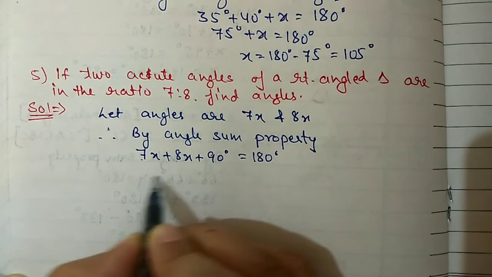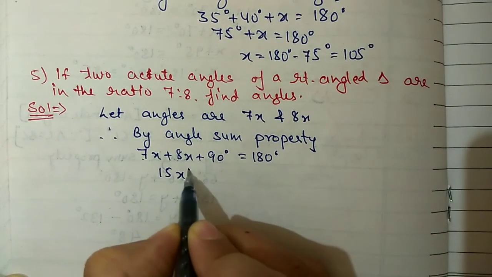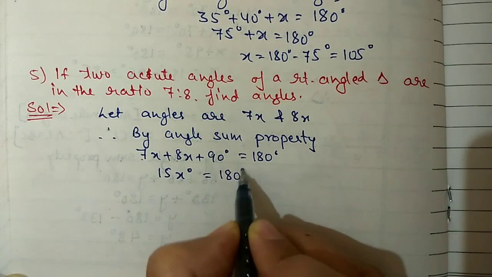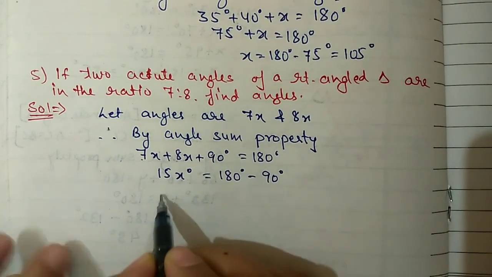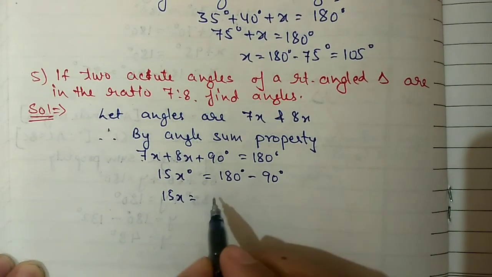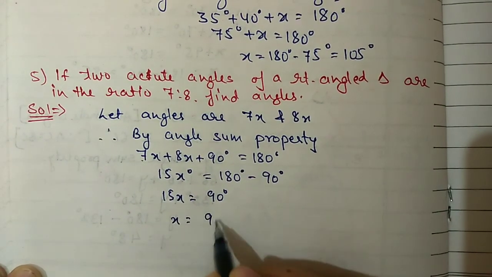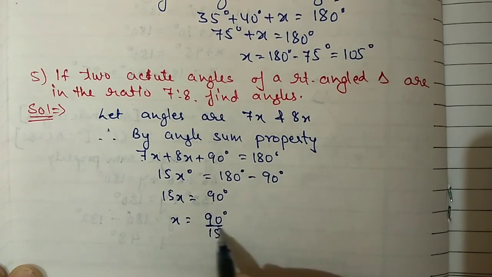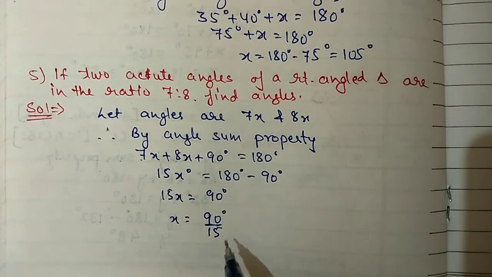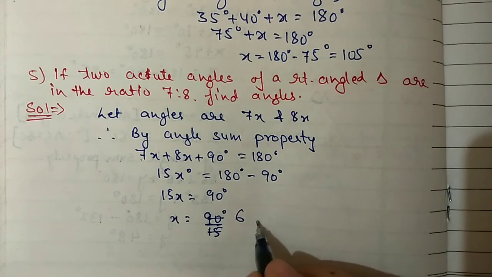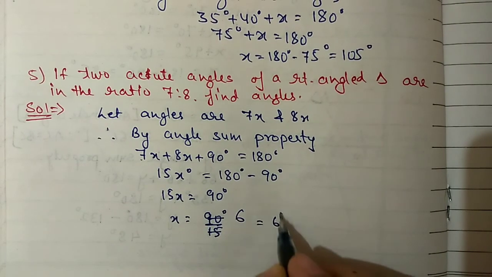So 7x plus 8x will become 15x, and 90 you can shift another side. It will go for subtraction. So 15x is equal to 90 degree. So the value of x will be 90 divided by 15, and 15 6 90. So the value of x is here 6 degree.